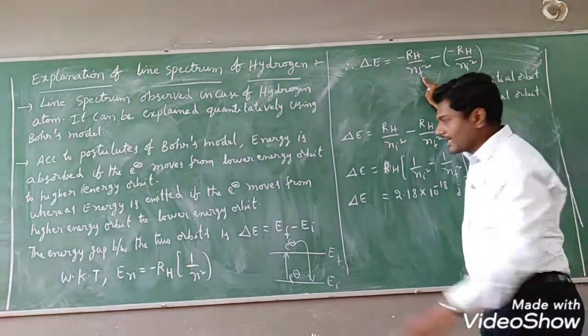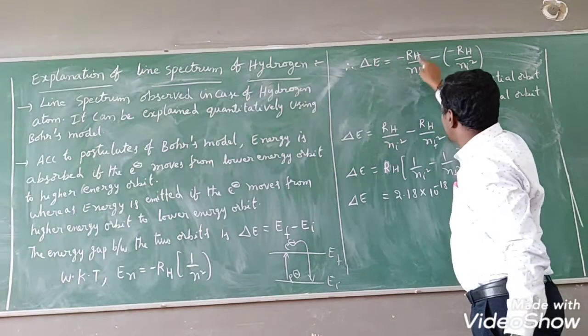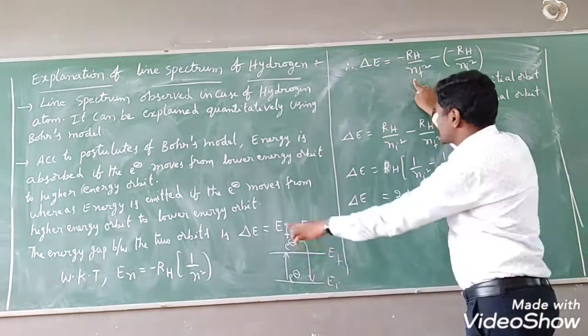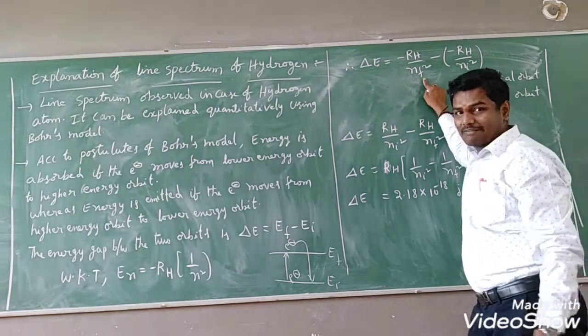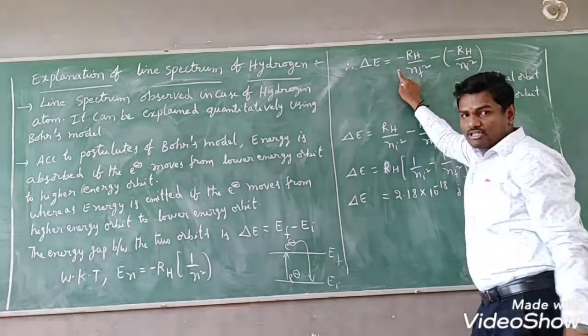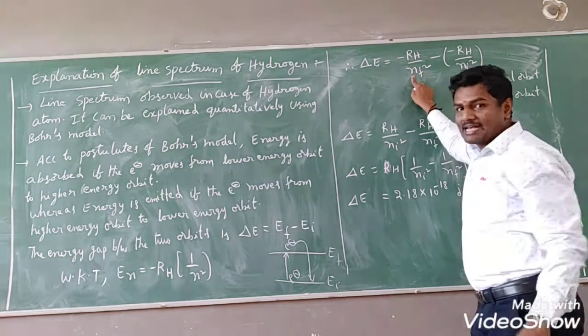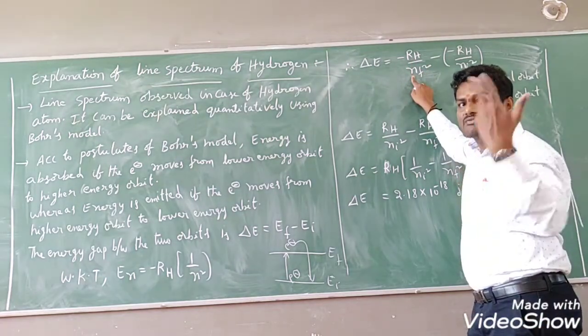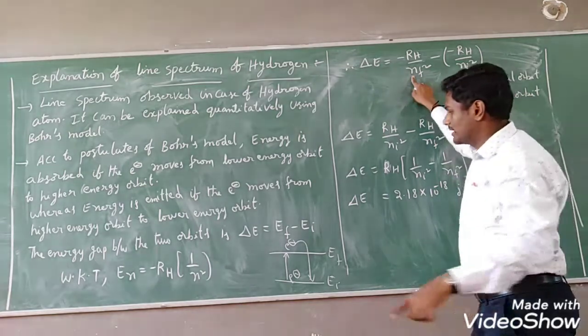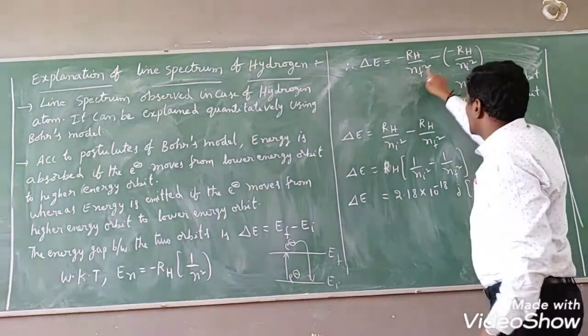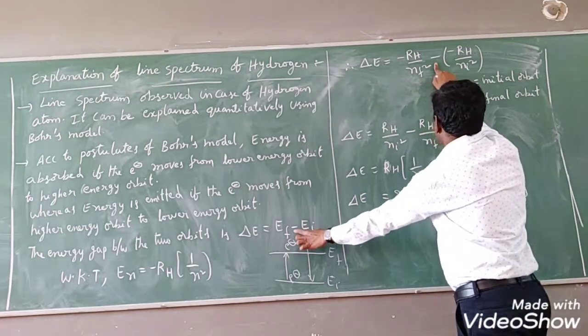RH is the Rydberg constant for the hydrogen atom, a constant value that you should not change; only n will change, whether it is the final orbit or the initial orbit. This is final, so I have taken NF. Now the minus symbol is there, so I have taken minus.